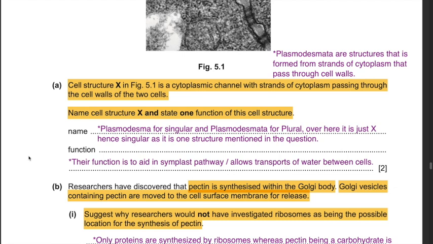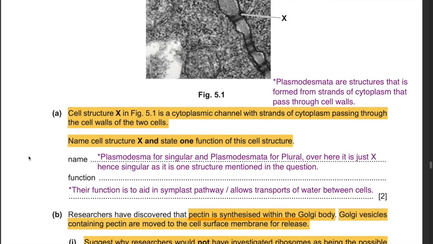Part A. Cell structure X in figure 5.1 is a cytoplasmic channel with strands of cytoplasm passing through the cell walls of the 2 cells. Name cell structure X and state one function of this cell structure. As soon as you see the keywords strands of cytoplasm passing through the cell walls, you should definitely get the word plasmodesmata into your head, because plasmodesmata are structures that are formed from strands of cytoplasm that pass through cell walls.